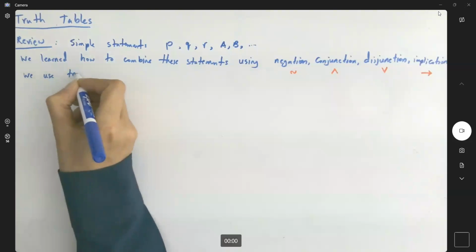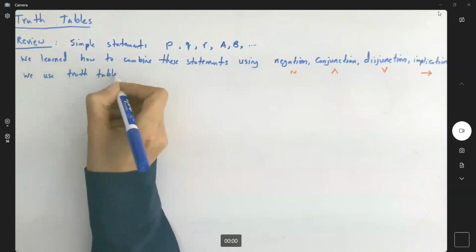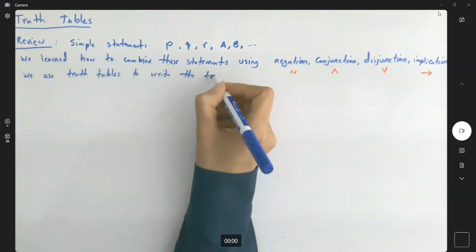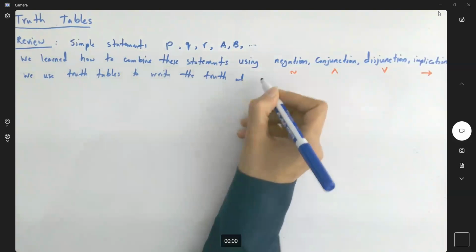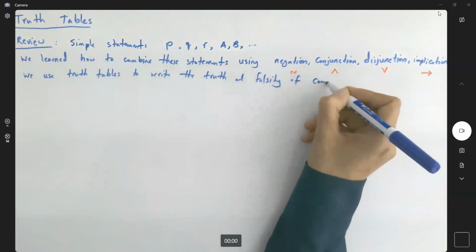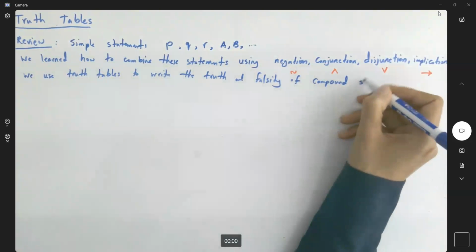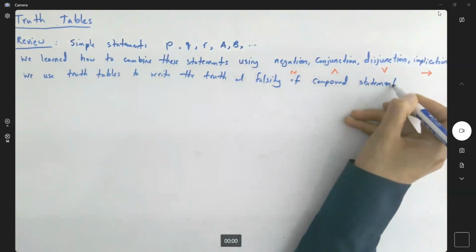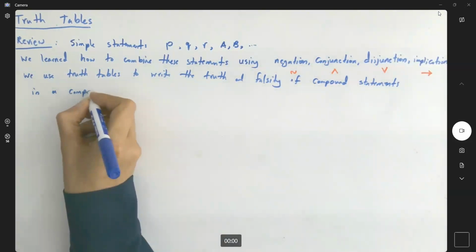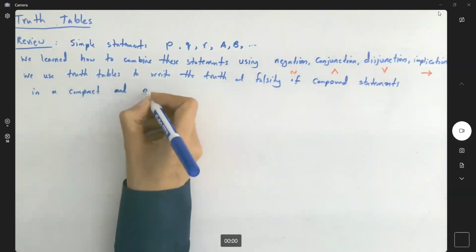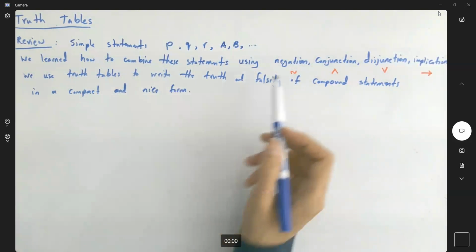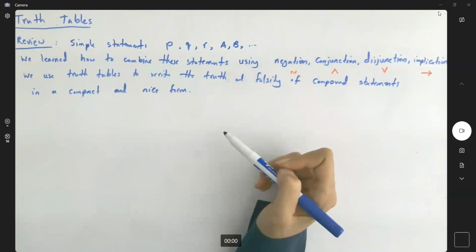We use truth tables to write the truth and falsity of compound statements in a compact and nice form. All right, for example, let's start by having the negation.